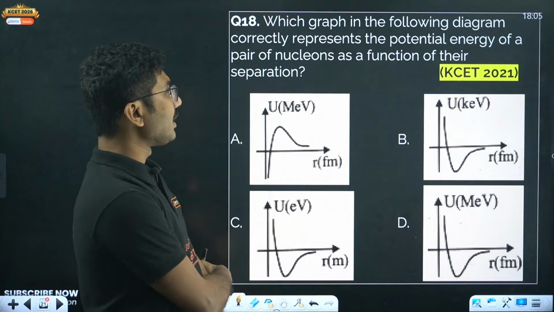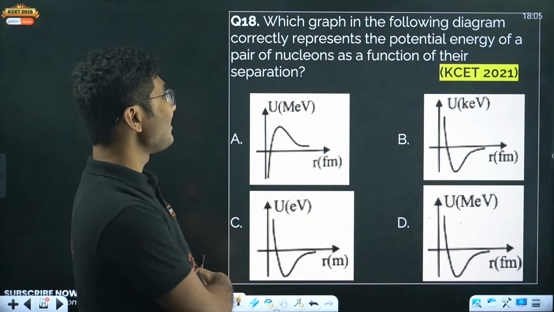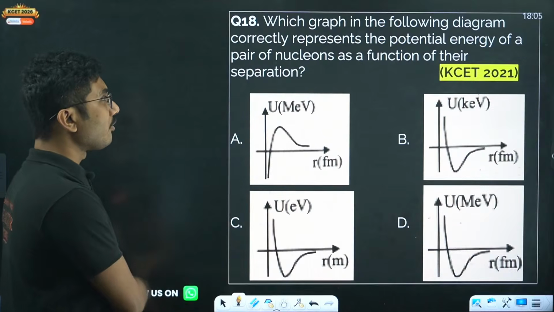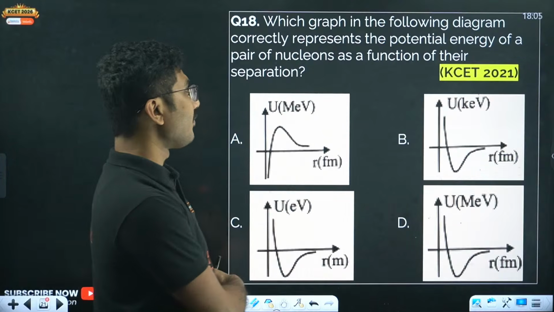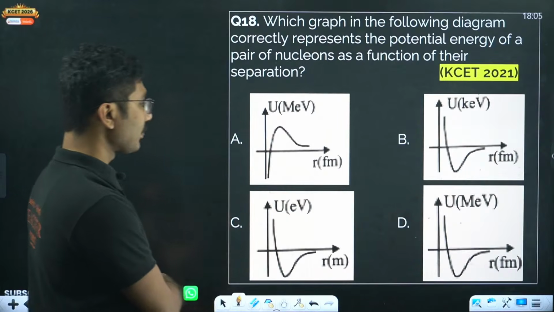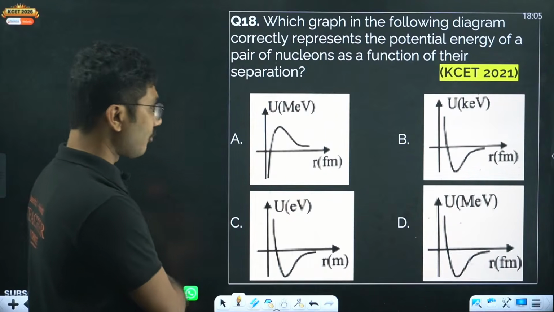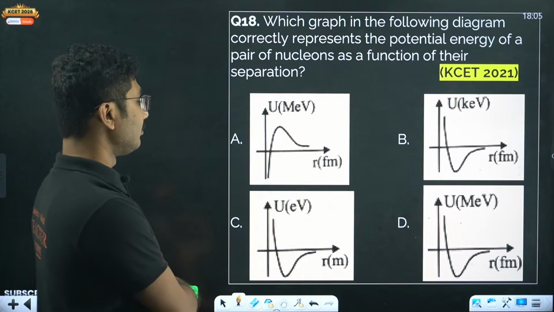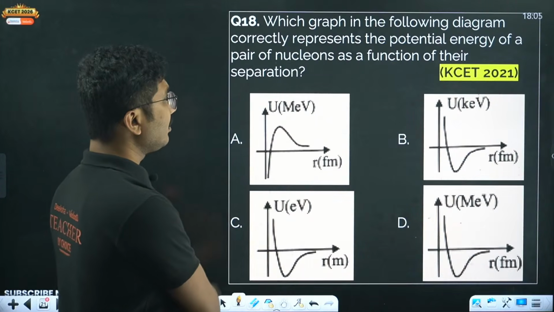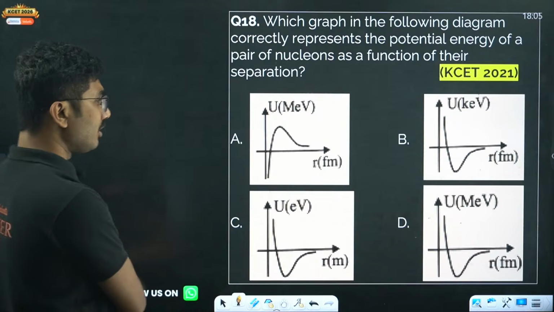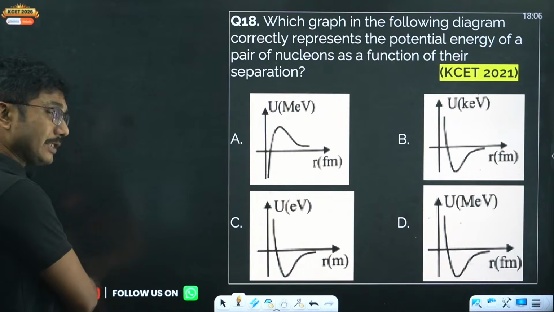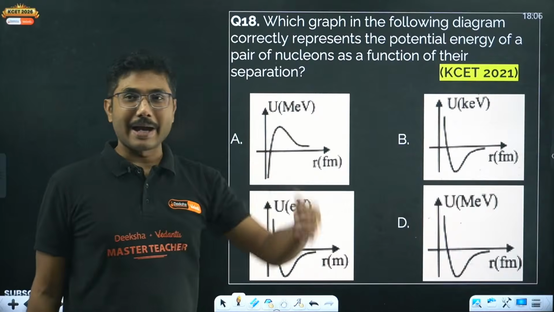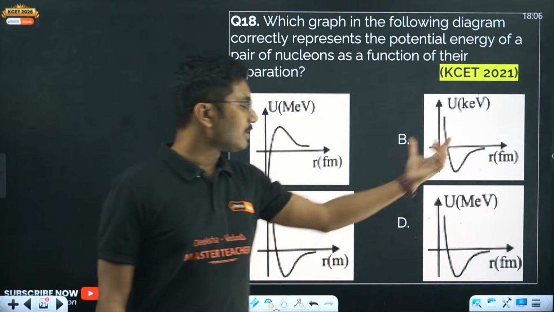Which graph in the following diagram correctly represents the potential energy of a pair of nucleons as a function of their separation? Now, you can see that there are 3 same patterns, this one, this one, this one.